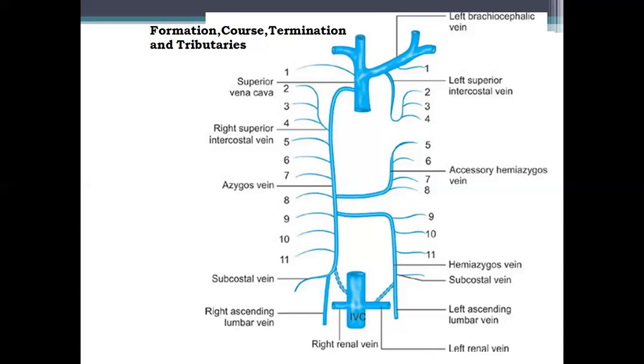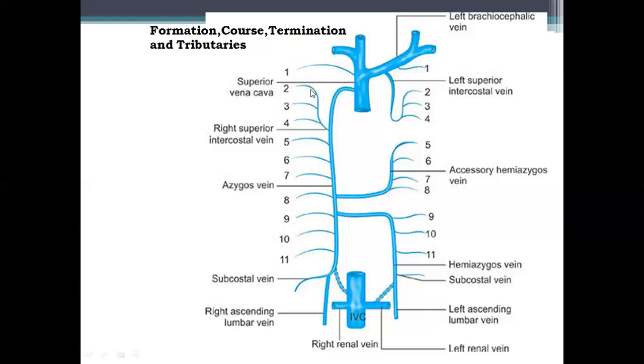Okay, now we'll see about the tributaries of the Azygos vein. The lower 7 right posterior intercostal veins, 1, 2, 3, 4, 5, 6, and 7. So these lower 7 right posterior intercostal veins, and then the right superior intercostal vein. What is the right superior intercostal vein?